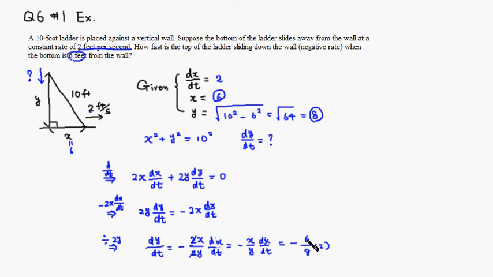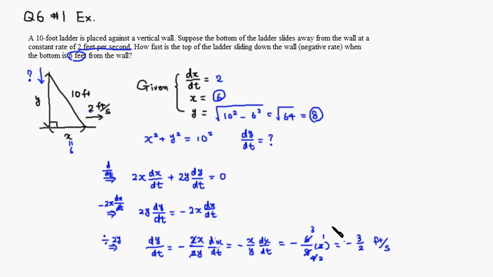So you can see that we can simplify. So it's 3, 4, and divided by 2. So dy over dt is equal to negative 3 over 2 feet per second.